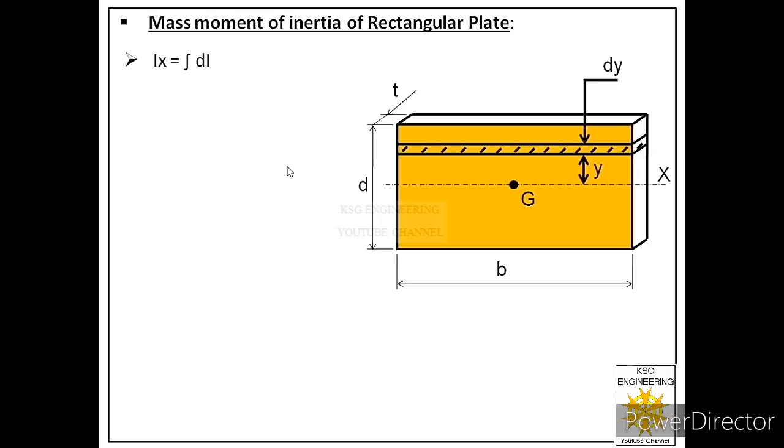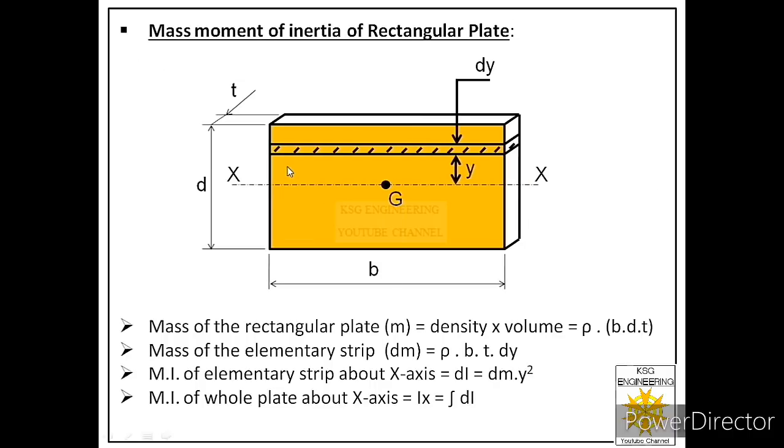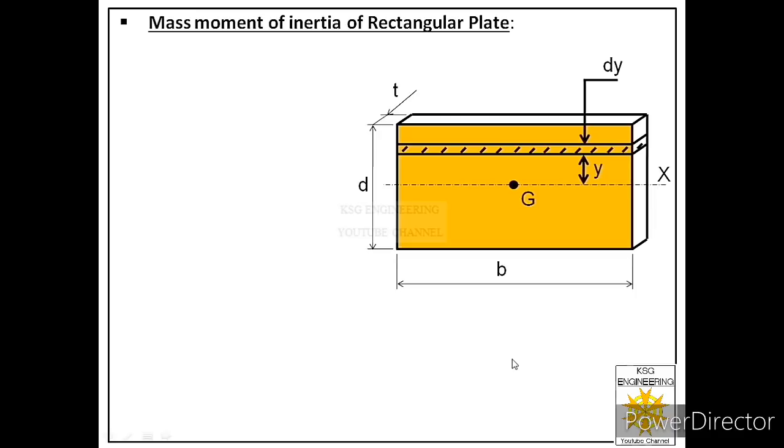And what is di? That we already know, it is equal to dm dot y square. And what is dm? dm is rho b t dy. So put these values in this equation. We'll get di as dm dot y square, so replace dm by rho b t dy, which we calculated in the previous step.